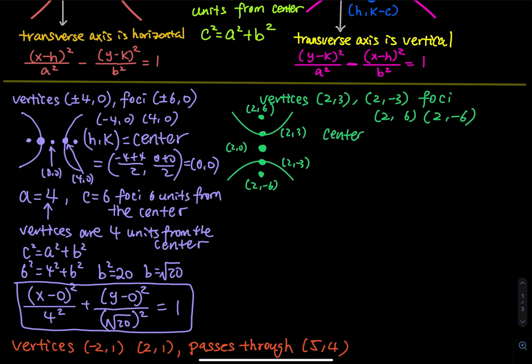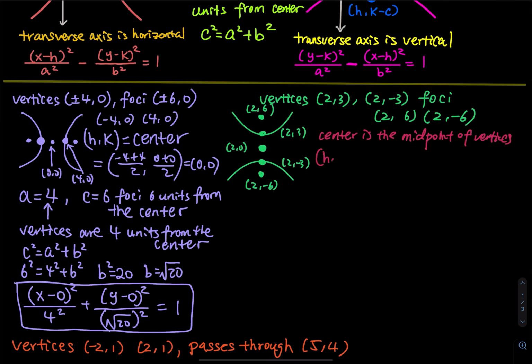And then how do I find the center? The center is the midpoint of the 2 vertices. I will color code this for you because I want to put the center in red. So the center is the midpoint of the vertices.